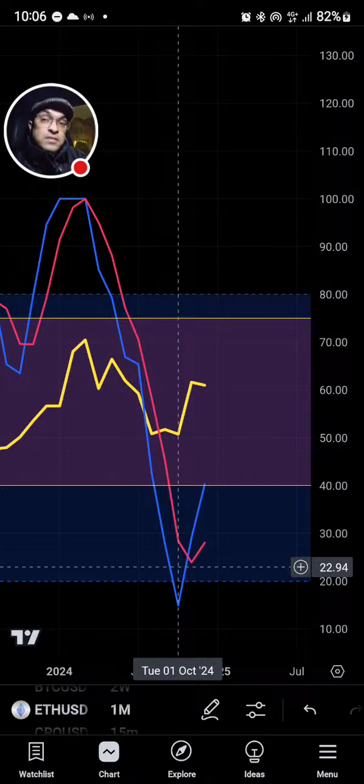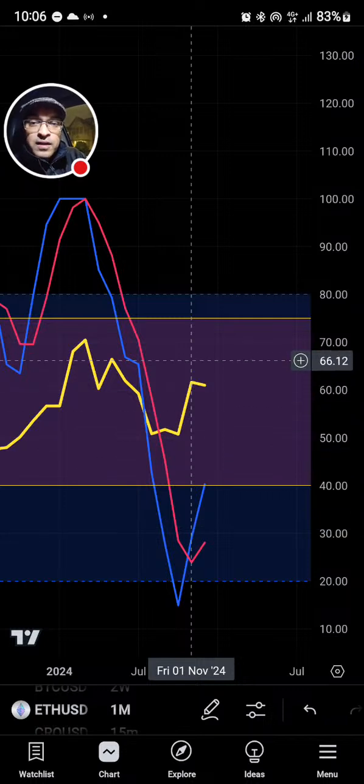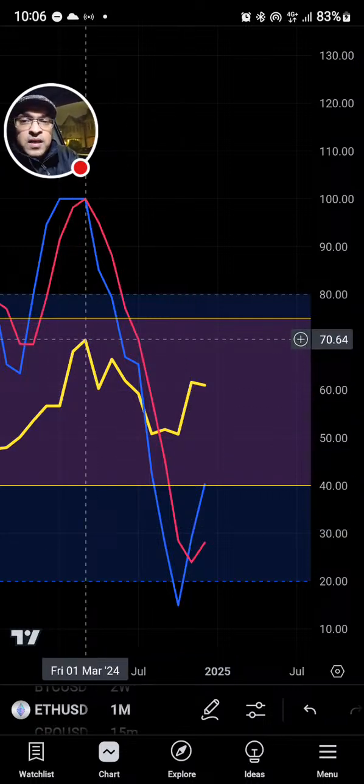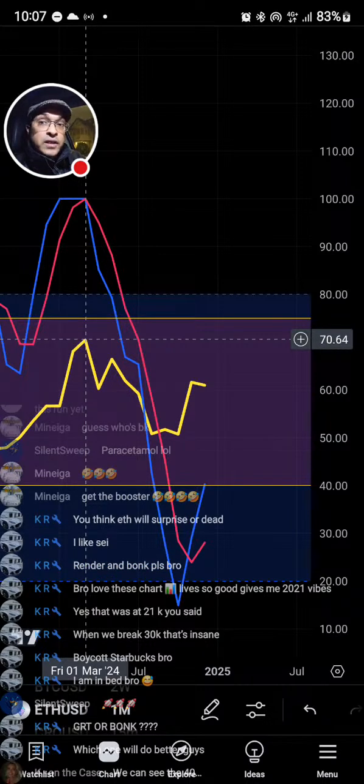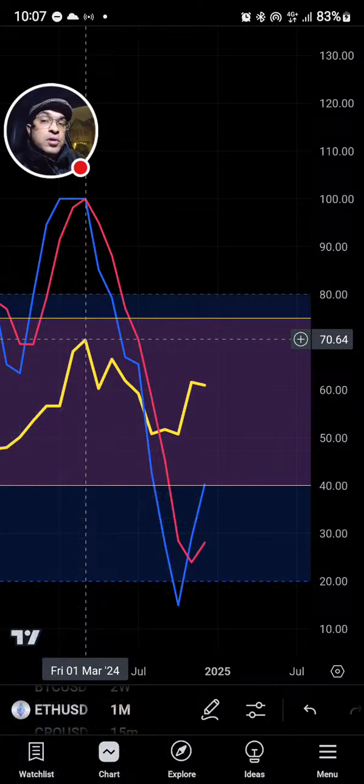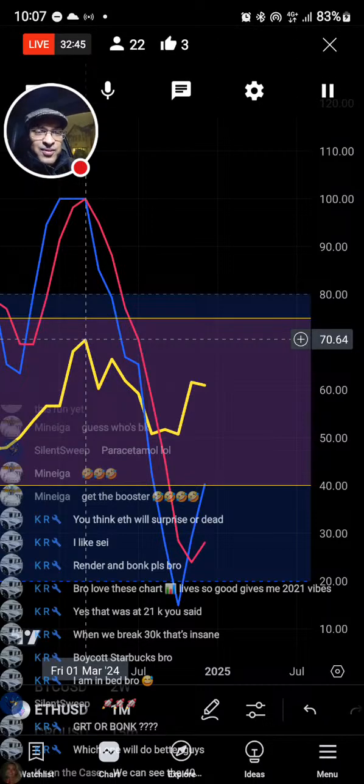If ETH enters that 40 and then shoots towards that 75, 80, a higher level, and then if the RSI can even come and test the peak at the 70 and break past it, this should give us, no joke, an easy 10k Ethereum. Easy 10k, if not higher, by the way. I'm not going to say any higher number now, because I know a lot of you guys may get all crazy.